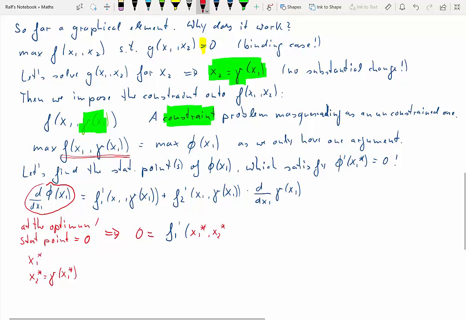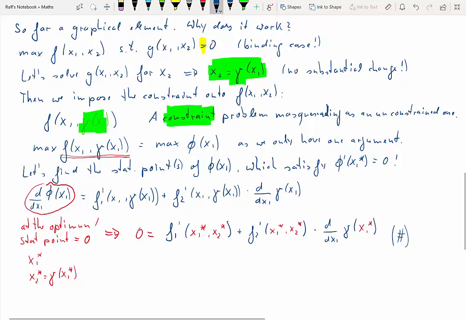So f prime 1 of x1 asterisk, x2 asterisk plus f prime 2 evaluated at x1 asterisk, x2 asterisk times the derivative of gamma x1 evaluated at x1 asterisk with respect to dx1.